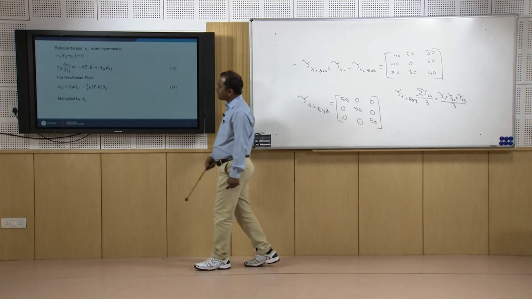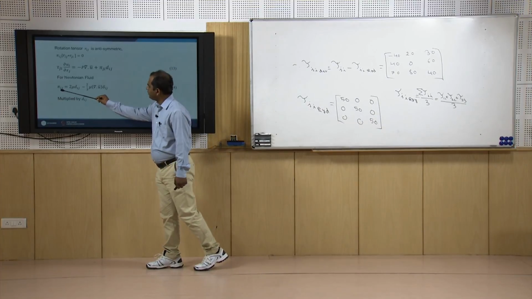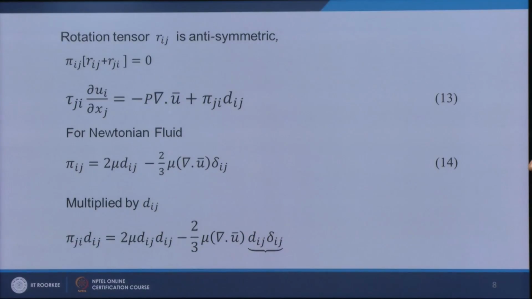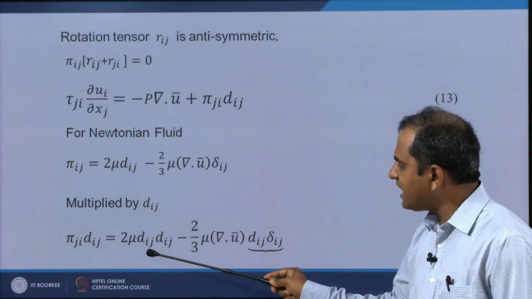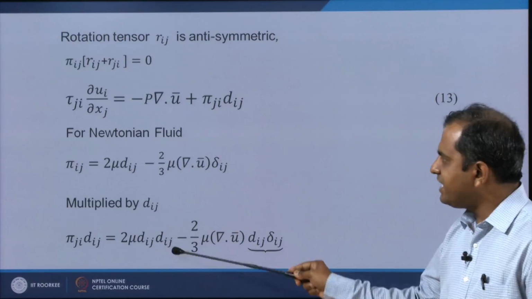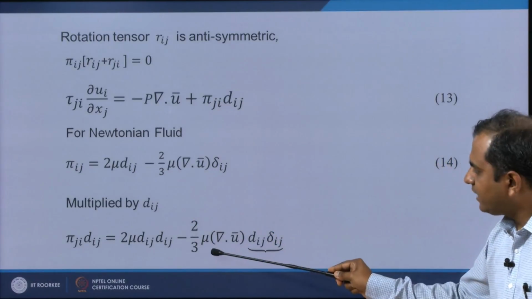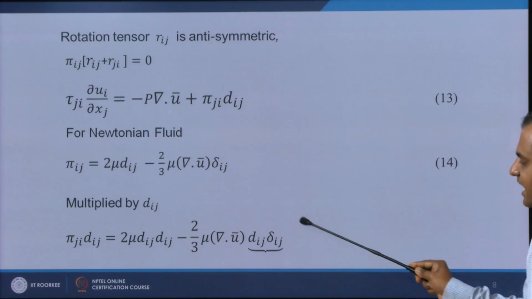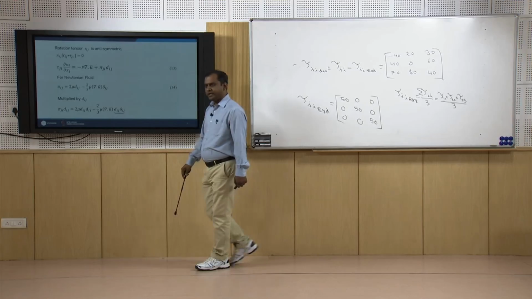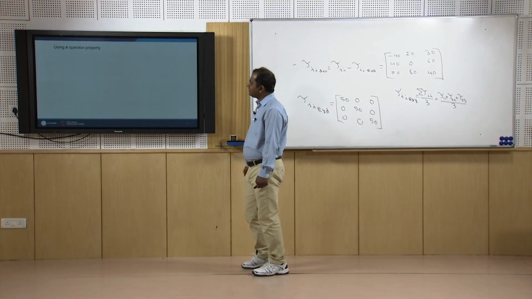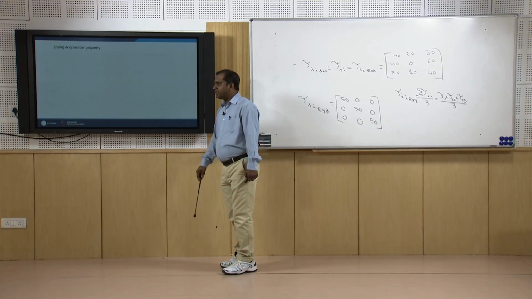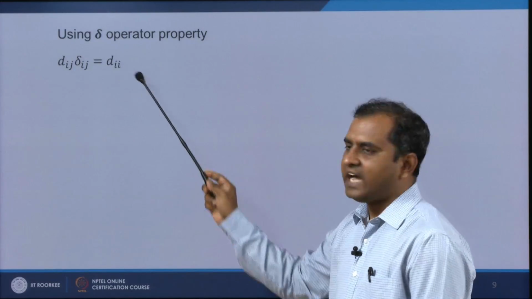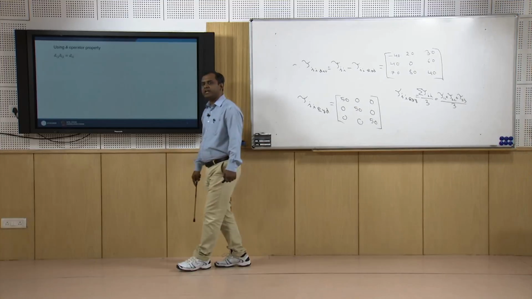Now, if we multiply this one by dij, because we are getting dij into pi ij over here, then this becomes 2 mu dij into dij, once again multiplied, minus 2/3 mu into del dot u into dij into delta ij. This delta ij is actually the Kronecker delta. Now, if we proceed further, as per the Kronecker delta properties, we know that dij into delta ij will become dii, because the rest of the terms will become 0.